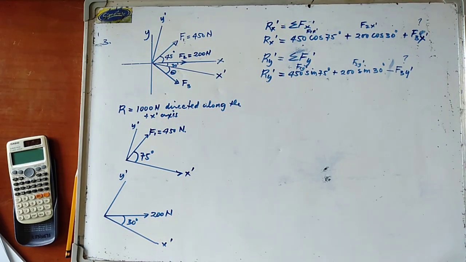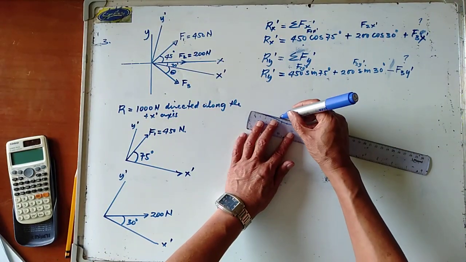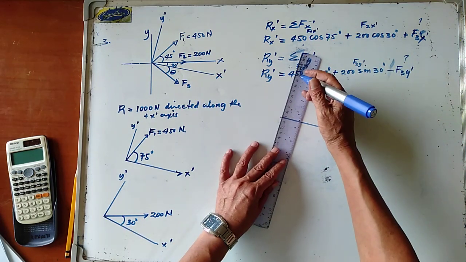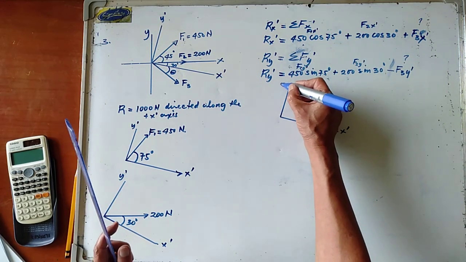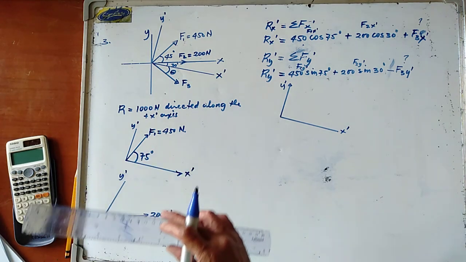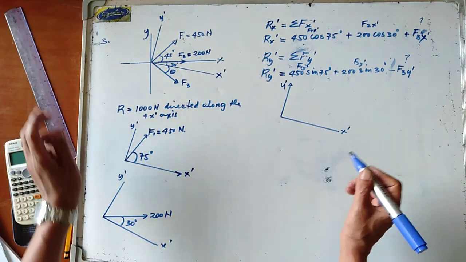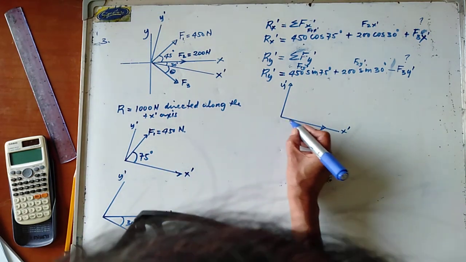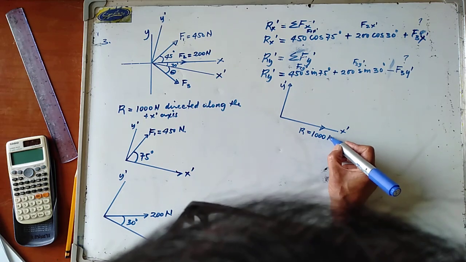So let's go back in here. This is your x prime and this is your y prime. The resultant R, which is equal to 1,000 newtons, is directed along the x prime axis.